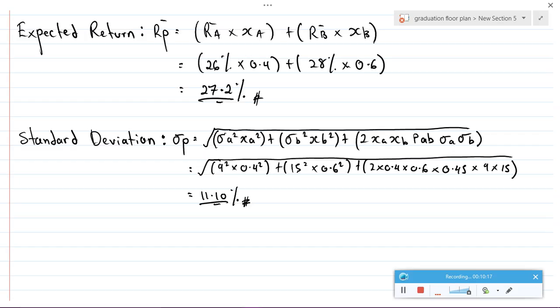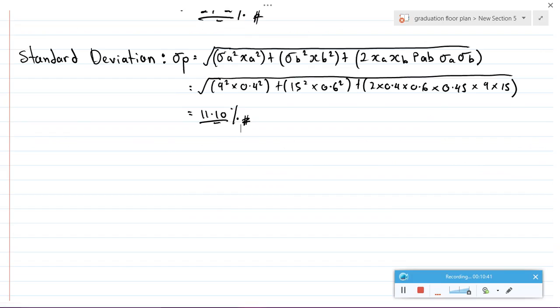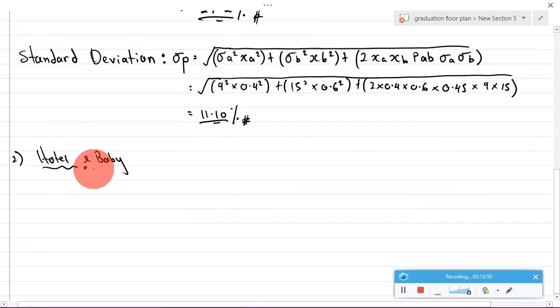Next, number two, hotel and baby. Now, do we need to write the formula again? No need, because we already wrote it once, so no need to repeat. Straight away go into the working.